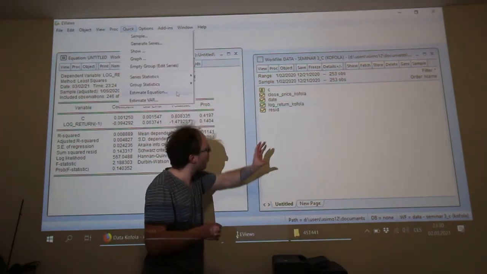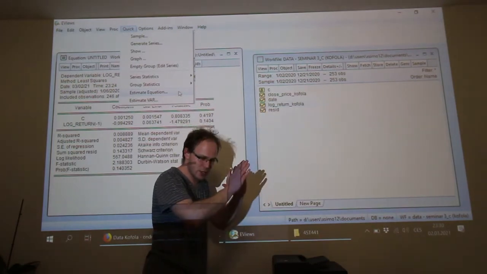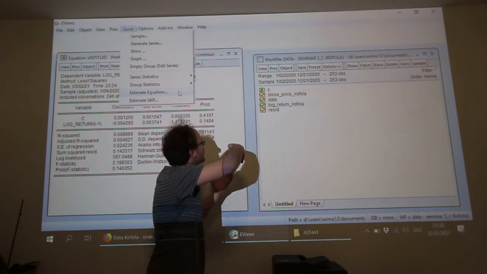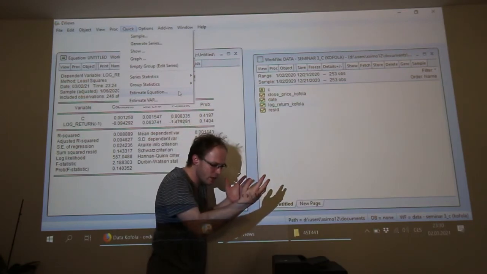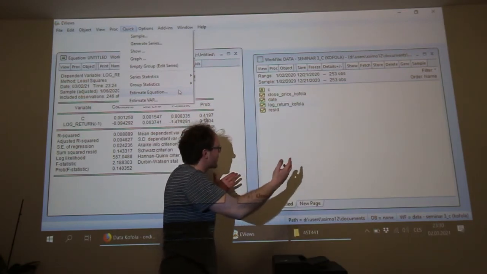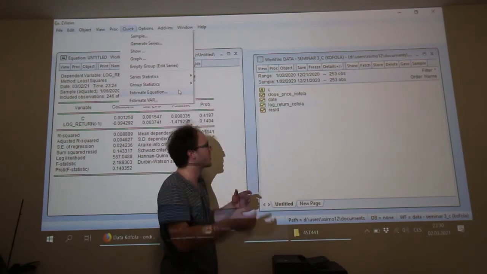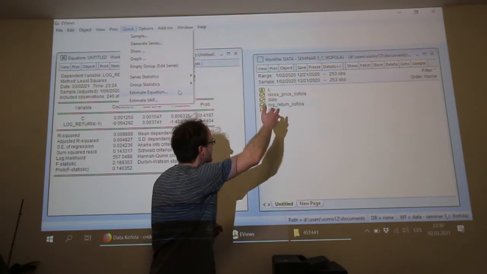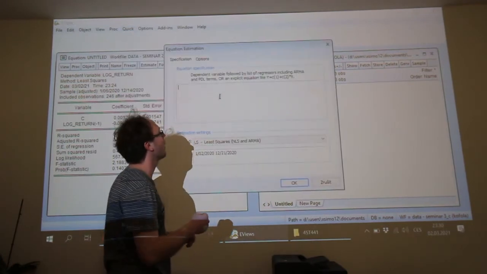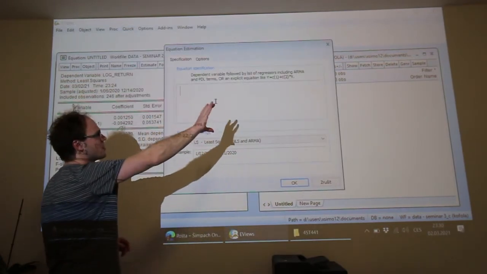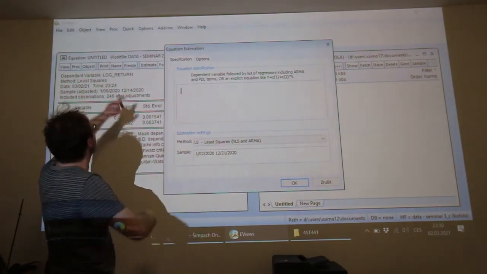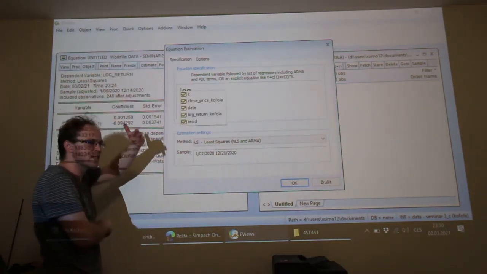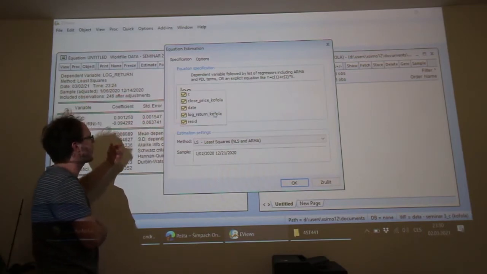You remember that Kofola log returns also did not contain a dependence, there was independence in the data set of log returns. So we will create the same regression model. So the active one is the right workfile. We use the quick button and estimate equation.